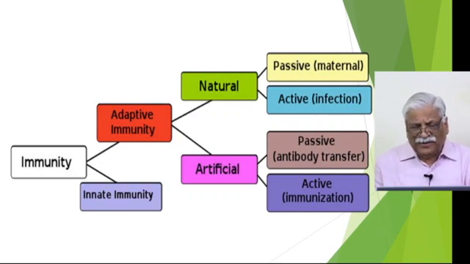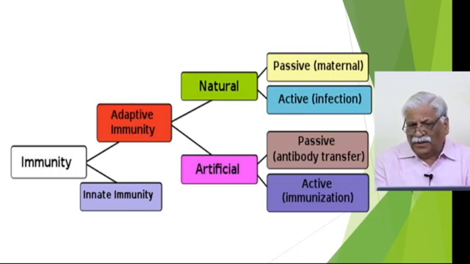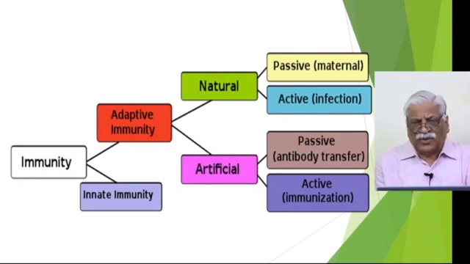In the initial phase, the child doesn't have a specific immunity of its own, and therefore these IgA antibodies, which are received through the placenta and come to the child, basically help the child to protect itself. That's why it is known as natural.